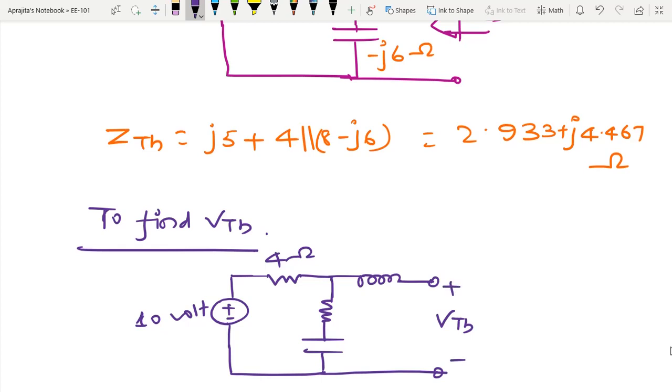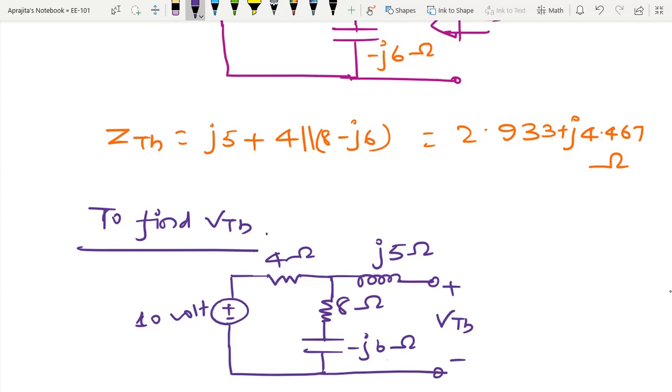So, open circuit voltage across ZL. Sorry, so this is 5 ohm, and this is 8 ohm, this is 6 ohm.